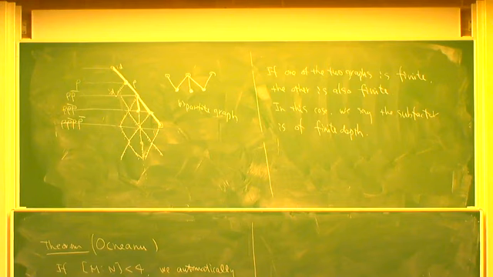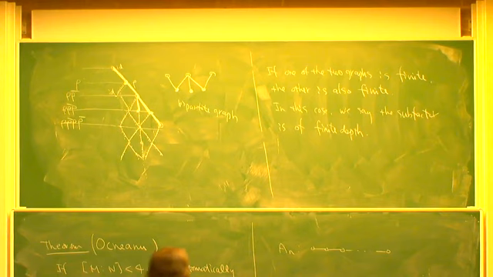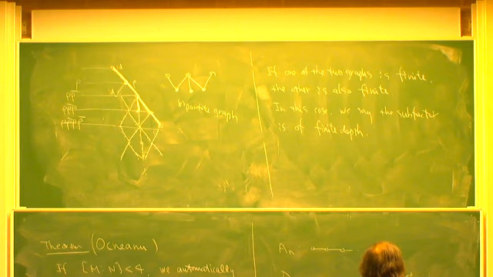Okay, so the An graph is kind of just one straight line. Dn has a fork at the end.